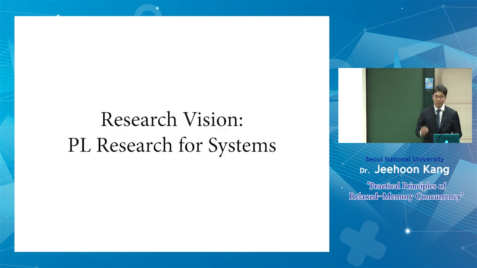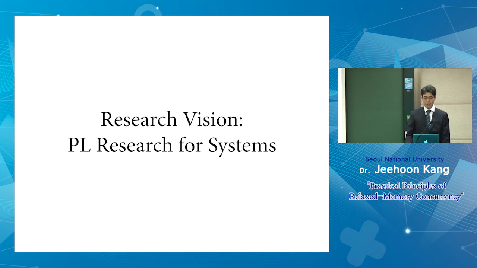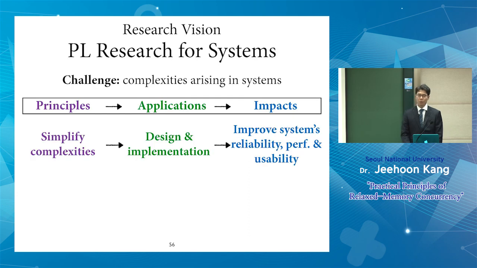Okay. In the rest of this talk, I'd like to tell you about my research vision. Basically, I'd like to do programming language research for systems. More specifically, I'm interested in addressing the challenges and complexities arising in systems.